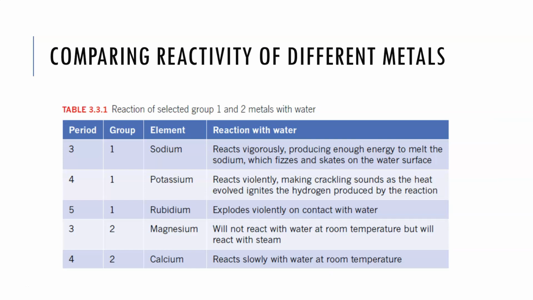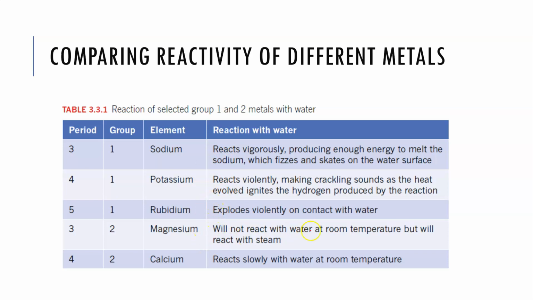So if we look at the different metals, what we can see is that group 1 will react vigorously with water to produce a lot of energy, which increases as we go down the group. So sodium will react vigorously, potassium tends to react more violently, rubidium will start to explode violently as soon as it hits water.